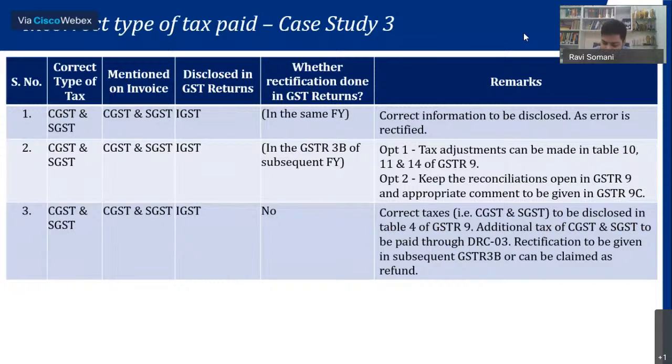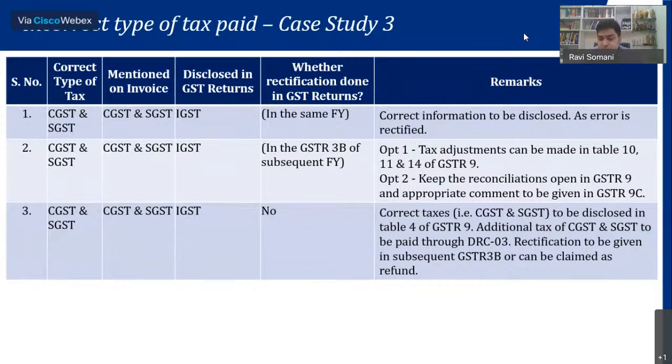So correct is IGST, disclose IGST, make the client pay additional IGST. And since it is already adjusted in the next financial year, 3B has already identified it and he has already adjusted it, you can show the same adjustments in table 10 and table 11 with the details of tax payable in table 14 of GSTR 9, and that ends the story. There would not be any additional tax liability because it is already adjusted in 19-20.